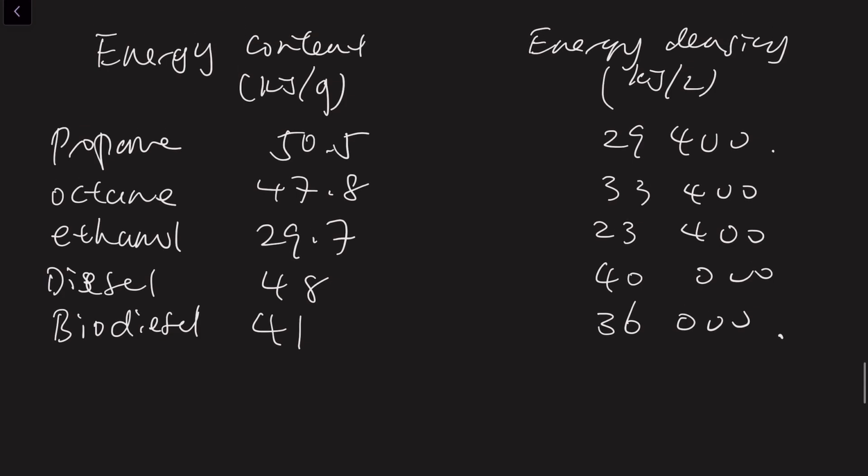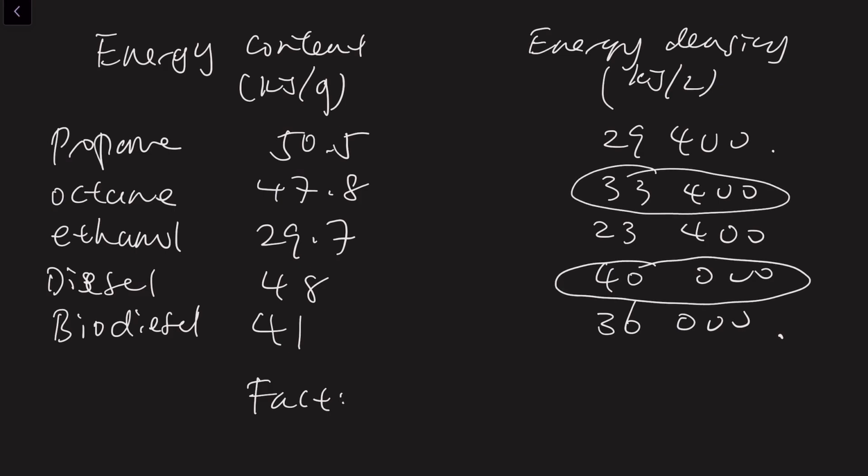A fact is that diesel cars have better fuel economy than petrol cars. So why is this the case? Well, we look at the energy density. 1 liter of diesel can produce a lot more energy than 1 liter of petrol.